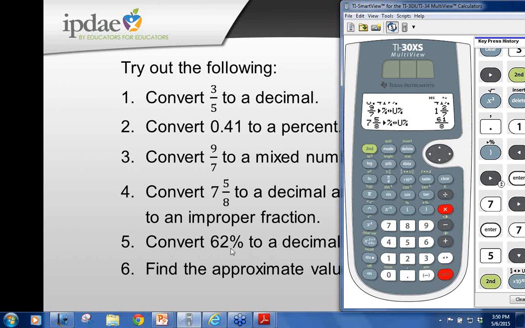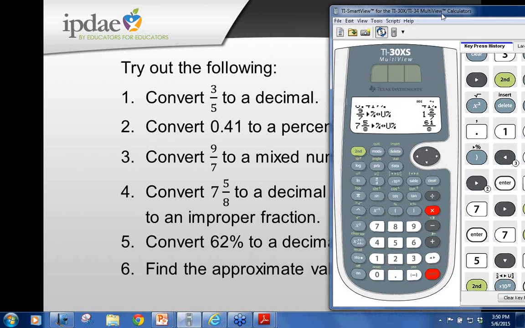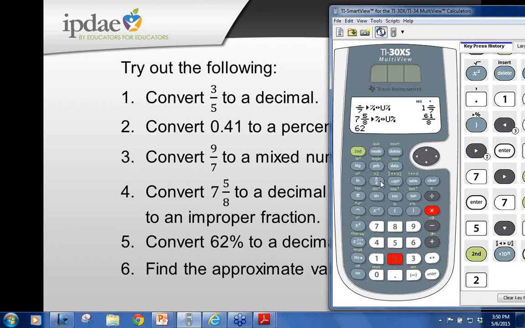Okay. So let's do convert 62% to a decimal. So let's enter a percent. You can easily do that by pressing the number, and then this is your percent symbol right here. So second, open parentheses.